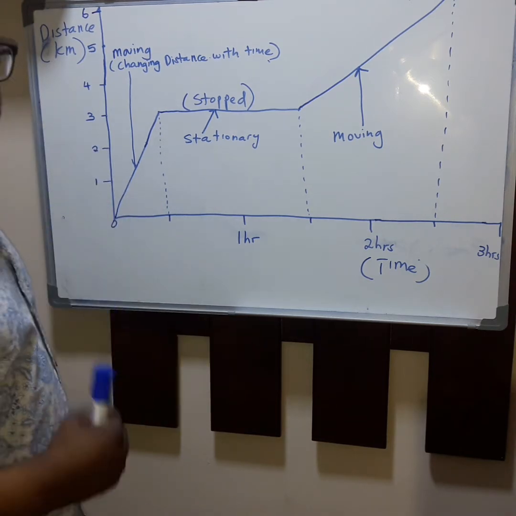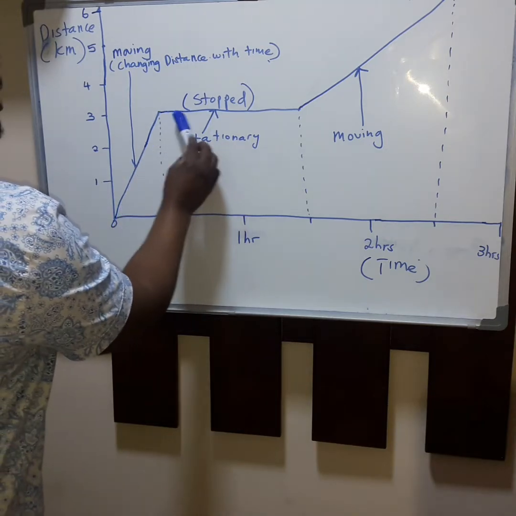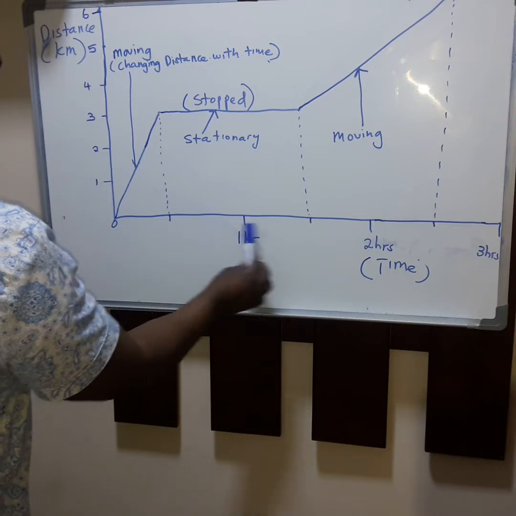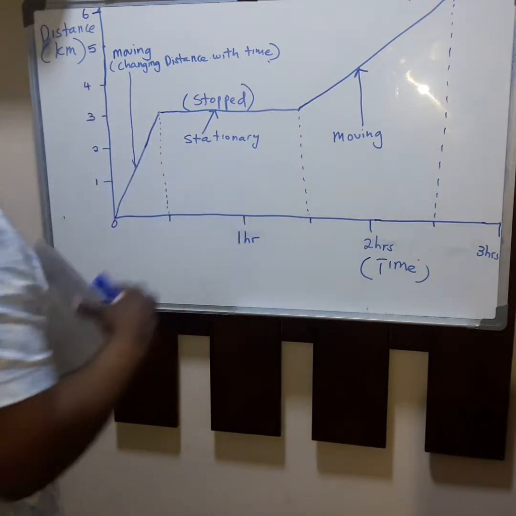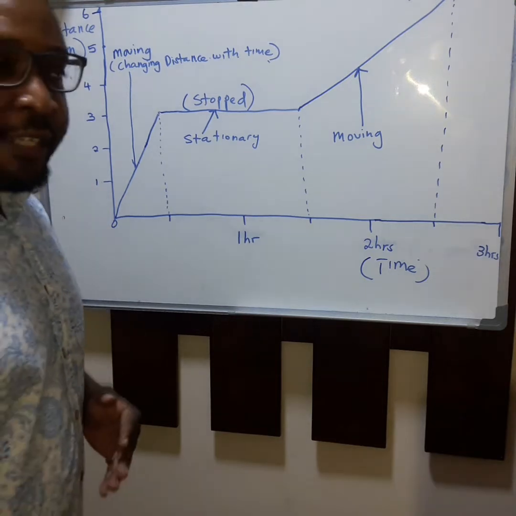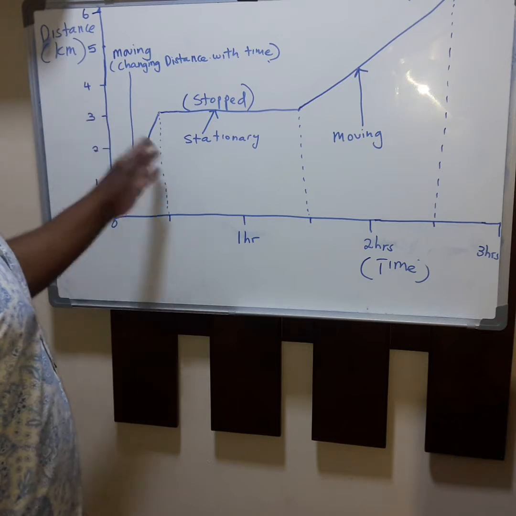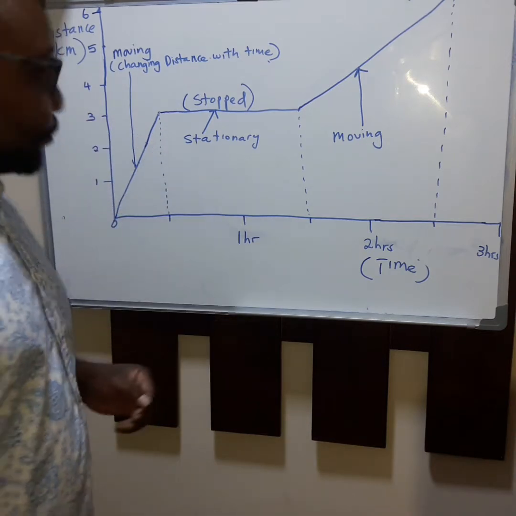When it reached 3 kilometers, the object stopped. It was stationary. It was not moving for about an hour. So this second stage represents stationary. Stationary means not moving. So the object was still for about an hour.